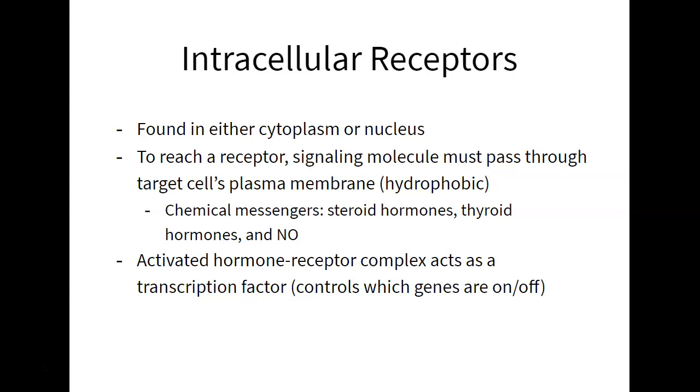You take the DNA and you turn it into RNA. And so if it's a transcription factor, that means that it has the ability to control what genes get turned on and off. So that's very powerful because a steroid hormone, for example, when it binds to a receptor, can now turn certain genes on or turn certain genes off, which is why hormones can have drastic effects.